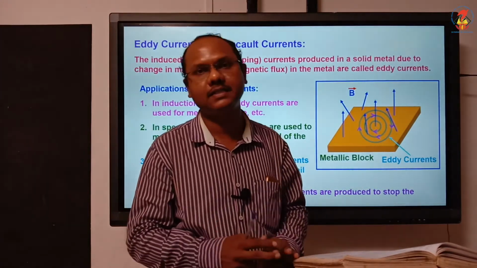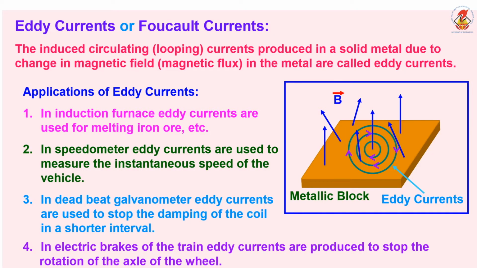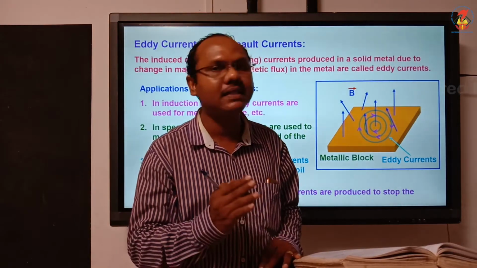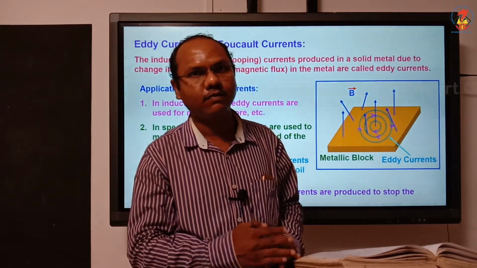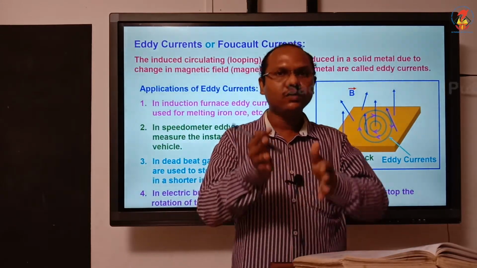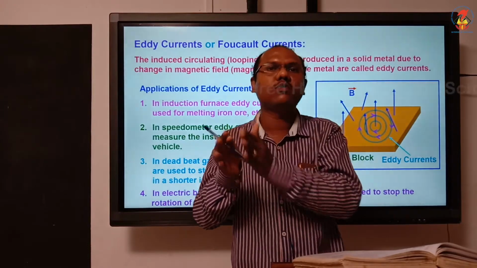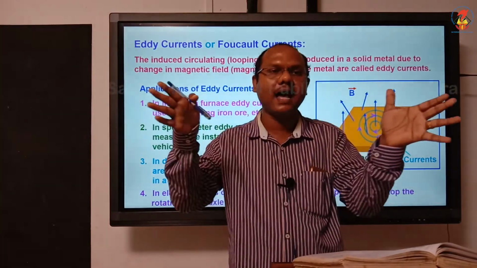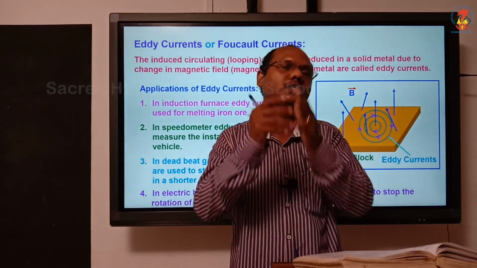How can we do that? We can use a laminated soft iron core. Instead of using a metal block, you slice the metal block into small sheets, laminate each metal sheet and put them closer together.